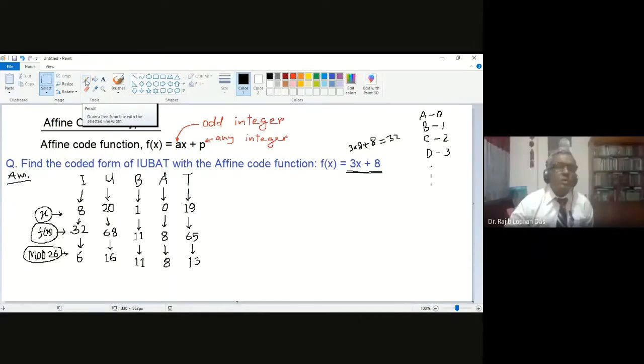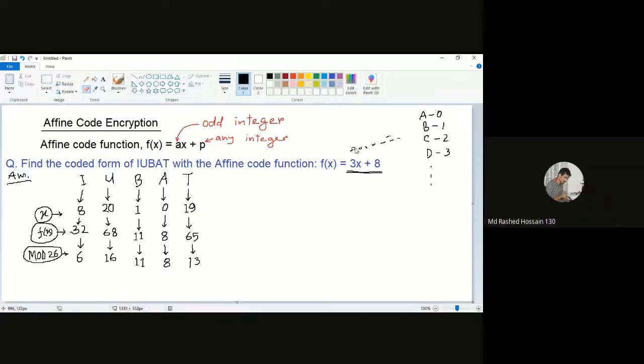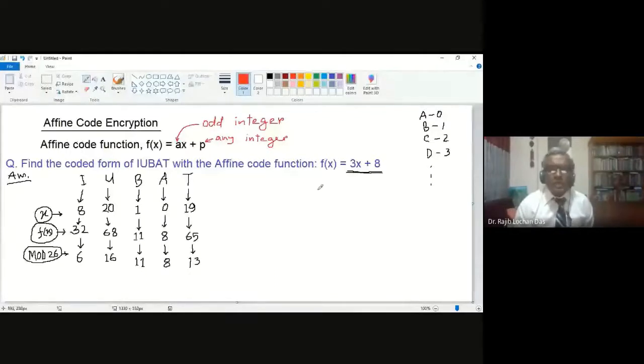Why minus 26? Mod is not minus. What do you do for mod? Not clear about the divide mod operation, sir. So why are you doing minus?